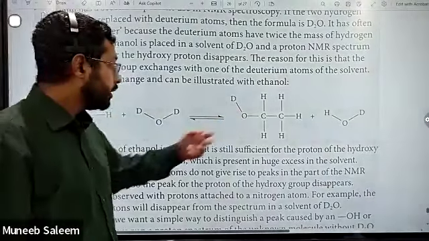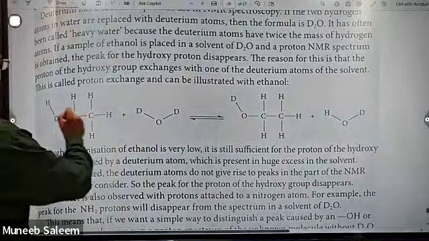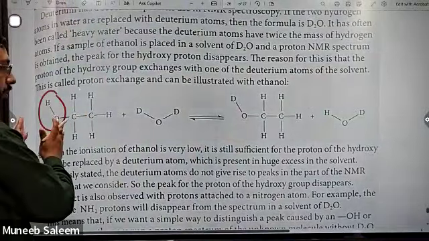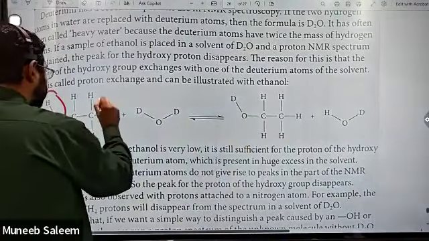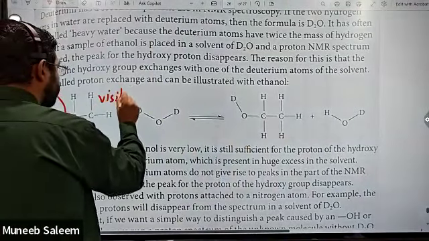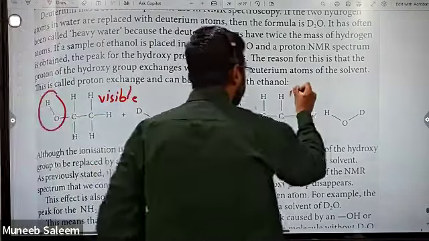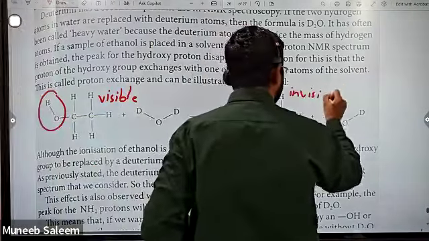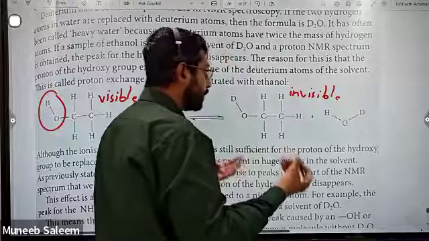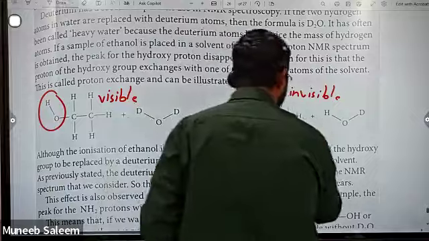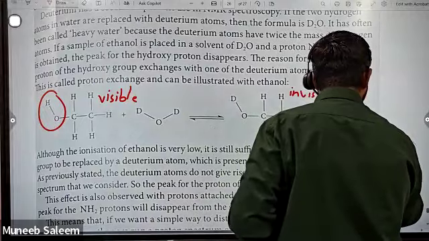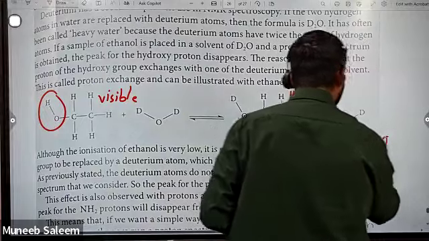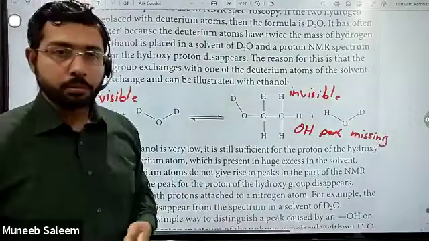OD. Now this means that the peak of the OH, which was previously shown over here, is now invisible. It was visible here, but it is now invisible. We can say that the OH peak is now missing.